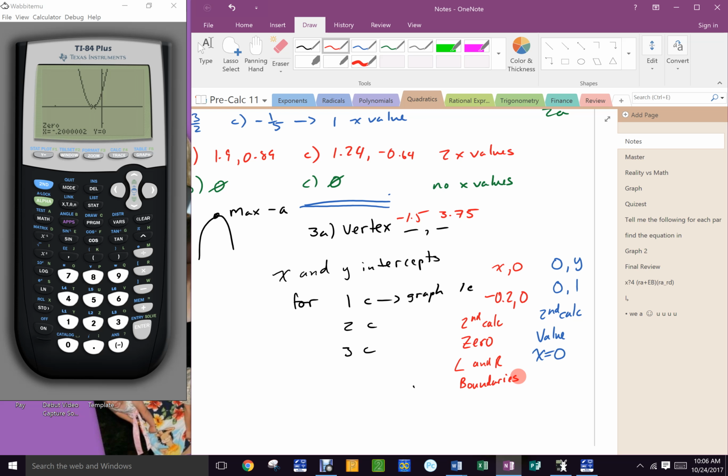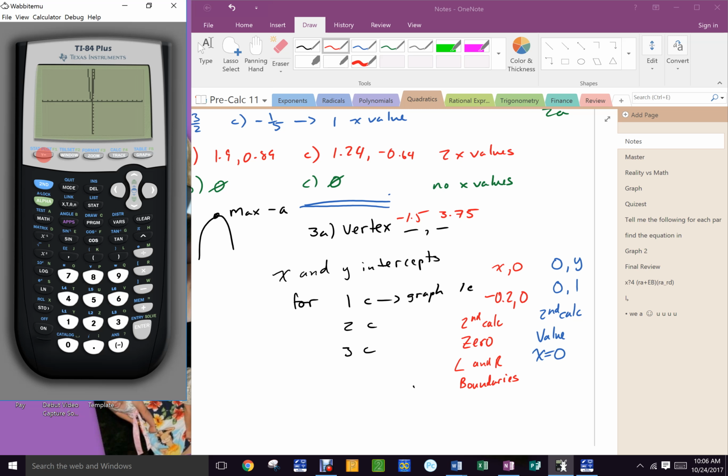Now stop for a second. Our calculator right now is zoomed in, isn't it? So when I graph 2C, is it going to be ugly? If I go straight to 2C right now, I'm only going to see this much of my calculator. So what should I do before I start a new question? Go back to standard. Zoom 6. Now we're back at normal.